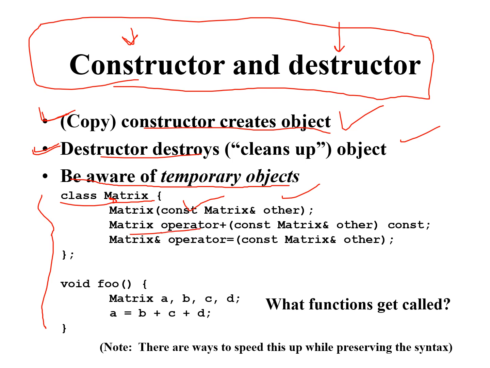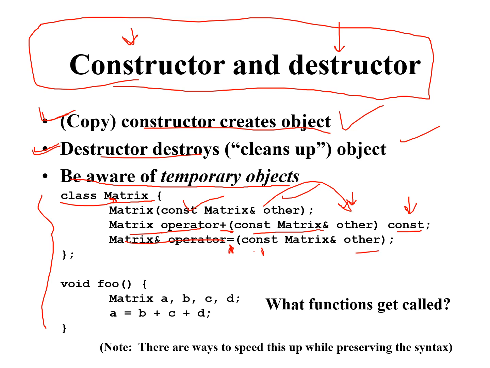The previous one was Matrix and this one is the Matrix operator, and what we are doing is adding the const Matrix and other. This is the same thing actually. Then we are using this word const, which is nothing but used for constant. Then the Matrix operator, which is equal to const Matrix, means constant Matrix and other.